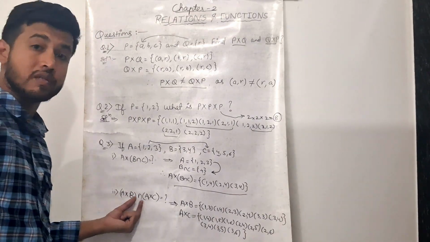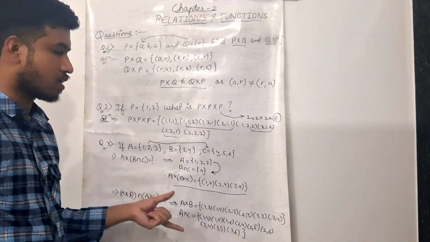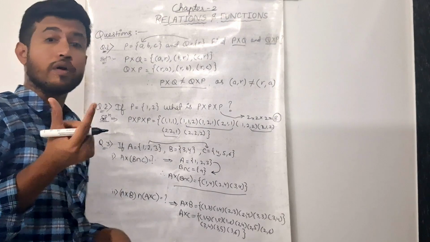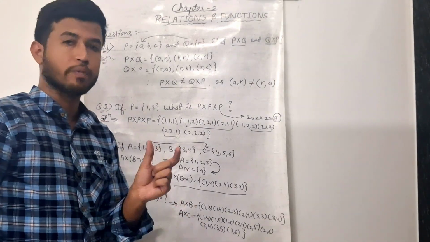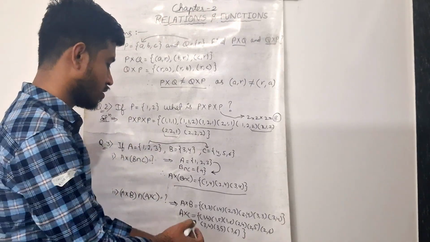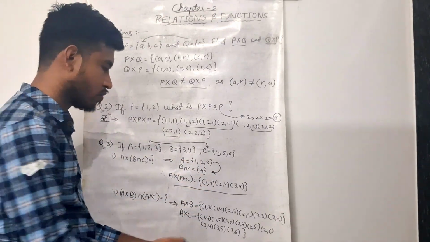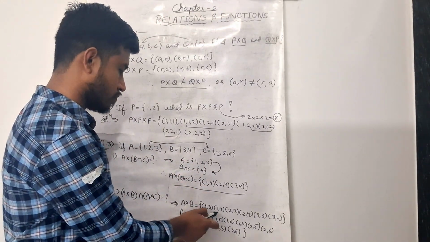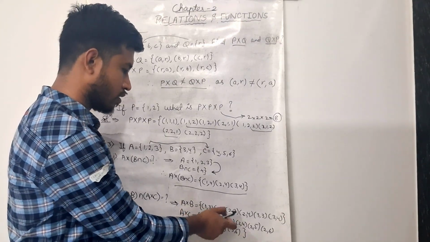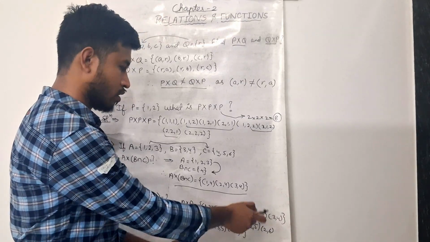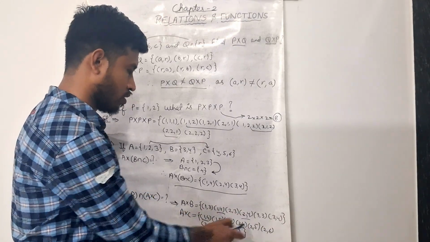Now we have to find the intersection between both sets. So what are the common ordered pairs? Here we need to find common ordered pairs, not just common elements, or we can say common elements also. So here (1, 4), (2, 4) and (3, 4).